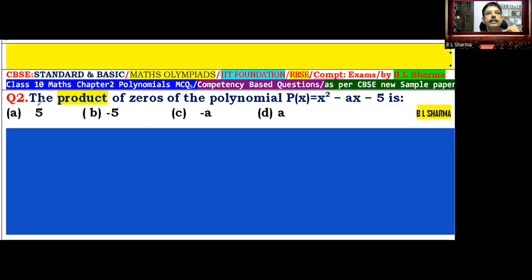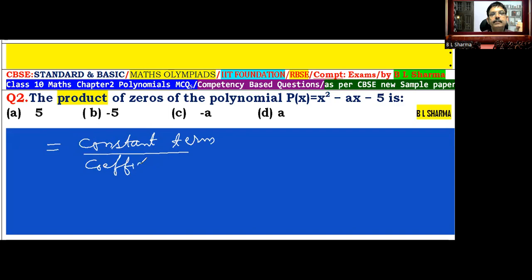And now question number 2 is on your screen. The product of zeros of the polynomial x square minus ax minus 5 is? We know that the product of zeros is given by the constant term upon the coefficient of x square.